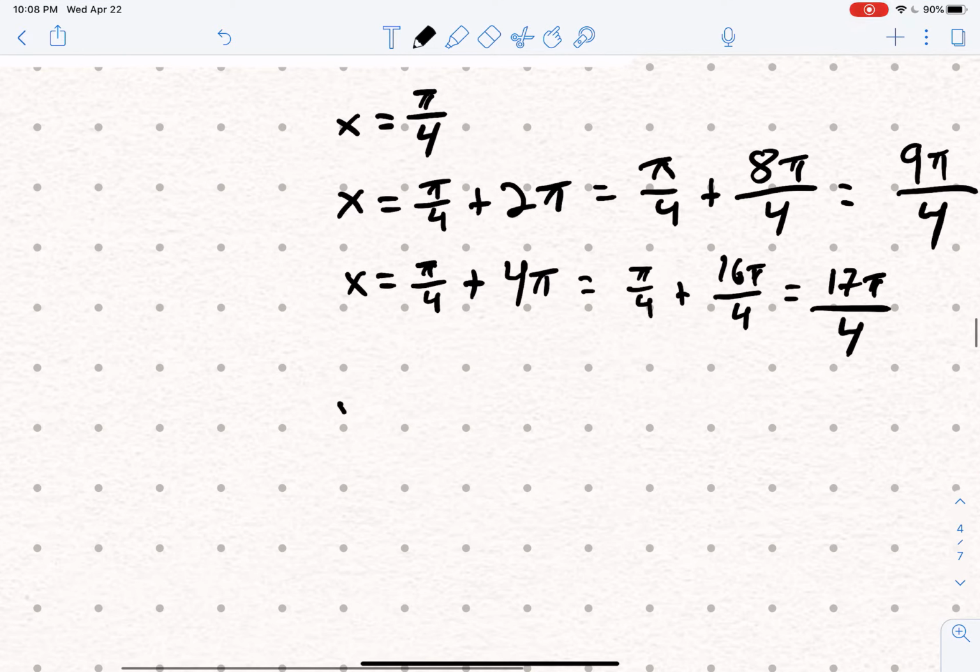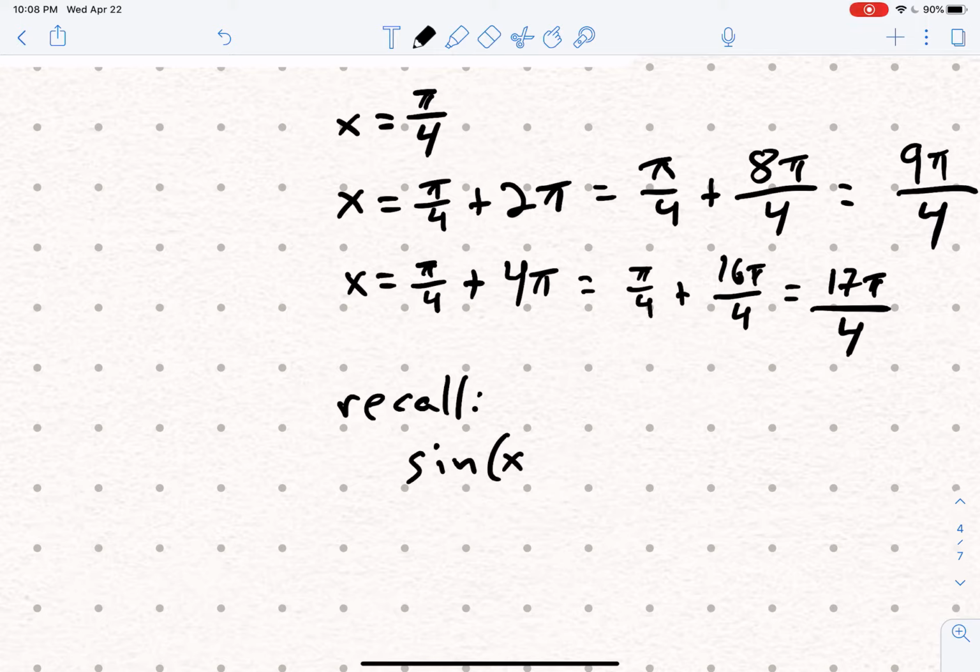So recall, sine of x is equal to sine of pi minus x.